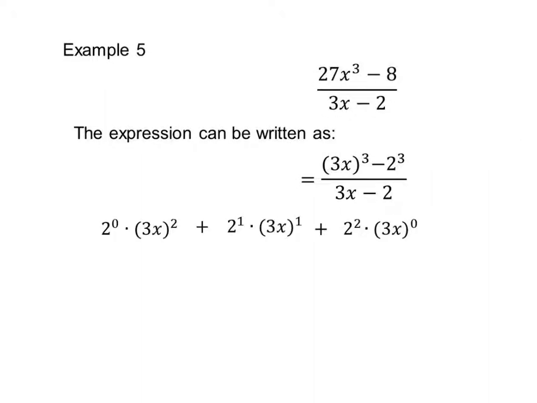So now, this is our a to the power of 0, our new x to the power of 2, 1 less than the exponent of the dividend. Our a, which is 2 to the power of 1, and our x, exponent going down by 1. Our a, which is 2, exponent of 2, and our x, which is 3x, now exponent of 0.